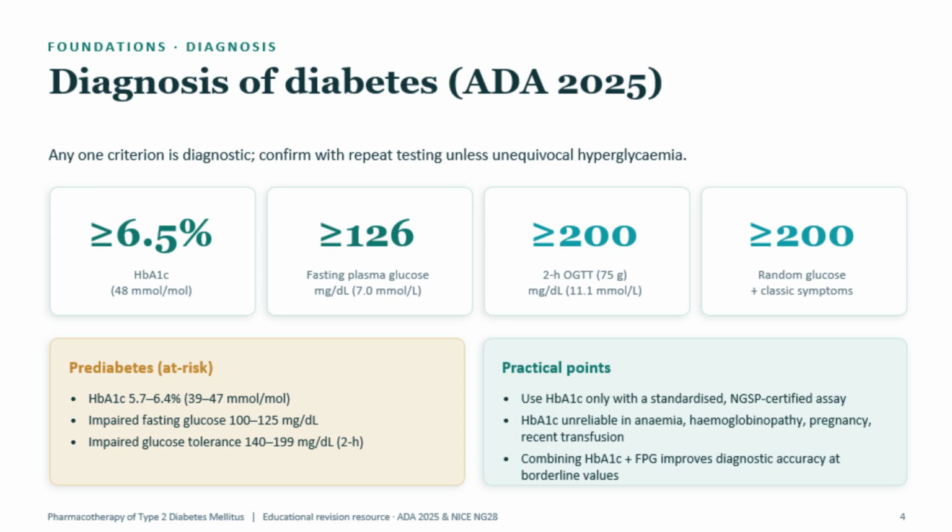Unless the patient is unequivocally hyperglycemic, you confirm with a repeat test. And watch the A1c traps. This is where people lose marks. Anemia, hemoglobinopathies, pregnancy, recent transfusion, all make it unreliable. When in doubt, pair the A1c with a fasting glucose.